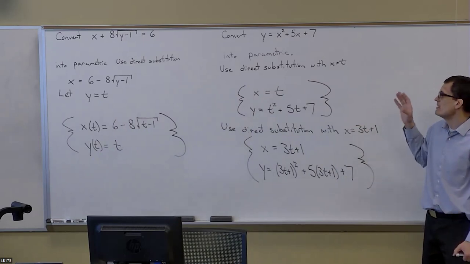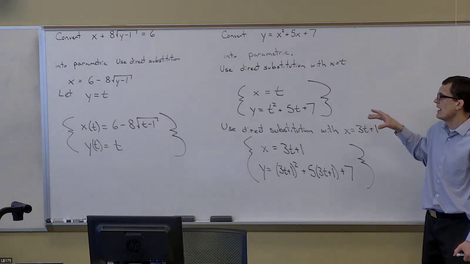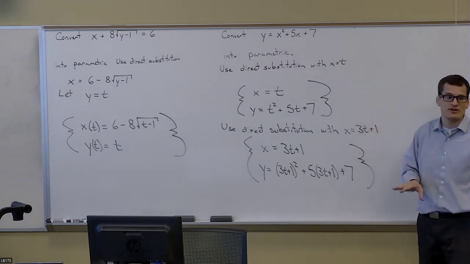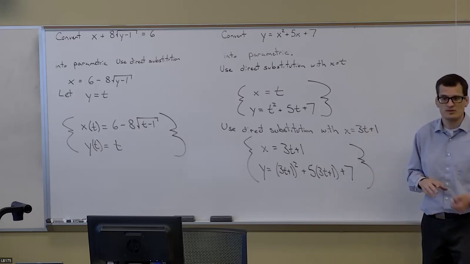Going from rectangular into parametric, I can just solve for either x or y and let the other variable be t. That's pretty easy. Hopefully direct substitution is fairly straightforward and obvious.